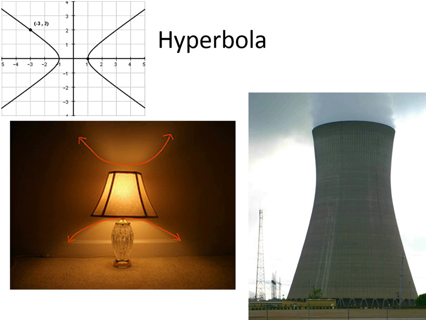The last one is a hyperbola, and a hyperbola looks like this up here. It's coming in and it cuts back out. We're going to be looking in more detail at each of these separately. An example of where you can see a hyperbola is a lamp where light comes out the top or the bottom.